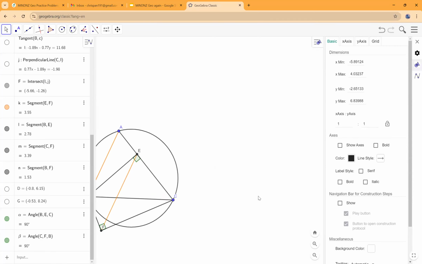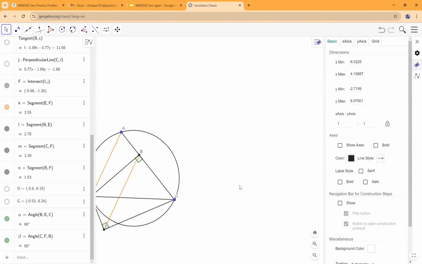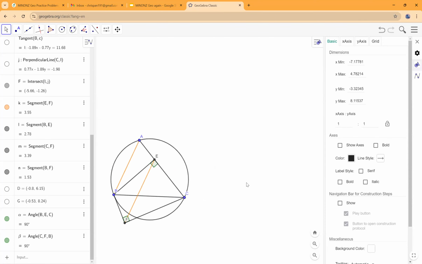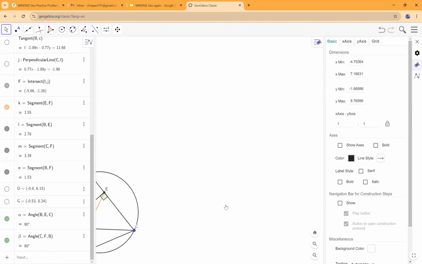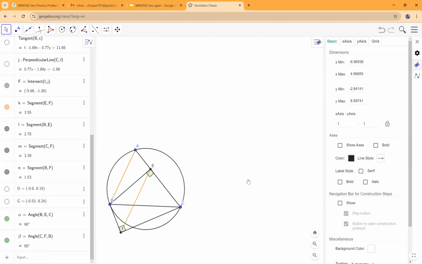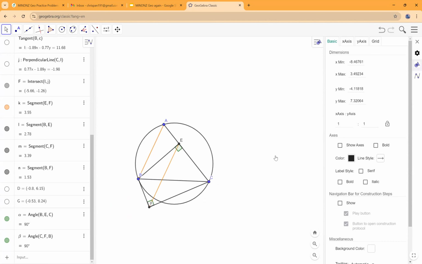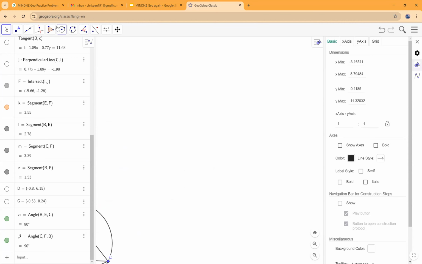So the alternate segment theorem is a very common and important theorem. This one's definitely worth learning, and I would say it's the most useful thing to try whenever you see a line tangent to a circle, like you see in this problem.